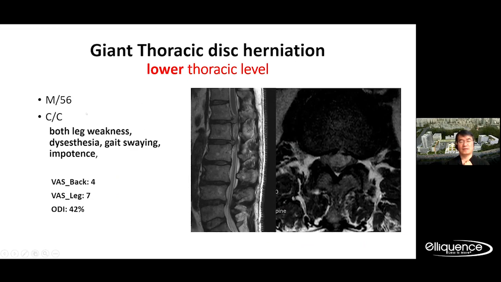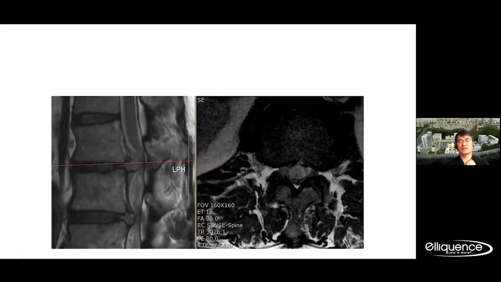Anyway, this is the most recent patient, a 56-year-old male. He also suffered from both leg weakness, gait problems, and impotence, right? There's a large disc herniation, which migrates a little bit cranially and caudally, right?